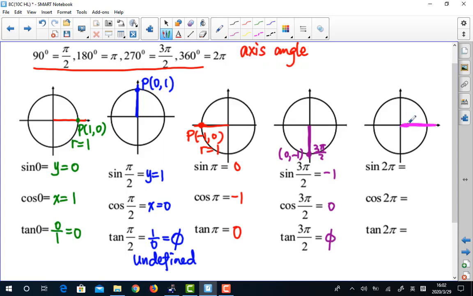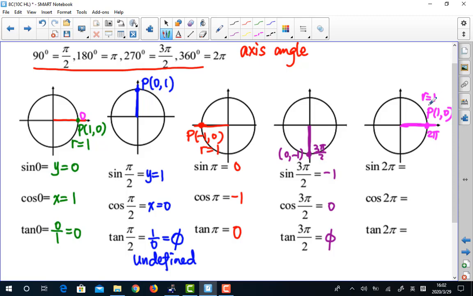For 2 pi, you start from here and then rotate one full rotation, and 2 pi still terminates on the positive x-axis. We also call 2 pi coterminal with angle 0. If you have two angles which are coterminal with each other, they must have the same trig ratios. Let's use this one to justify. Let's look at the coordinates of this point. It should be 1, 0 again.